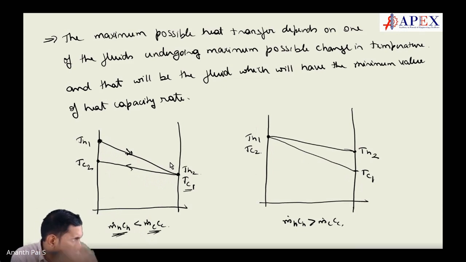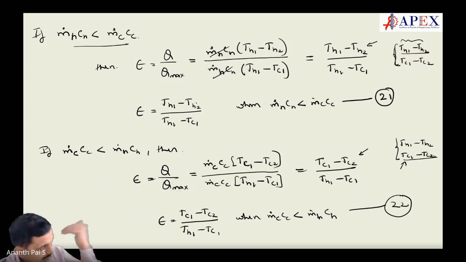The temperature change from TH1 to TC1, either the hot fluid can have or the cold fluid can have. Which one will have it? The one which has the lesser heat capacity rate. Got the point? Clear? Very important that we get that insight. That cannot happen later on.